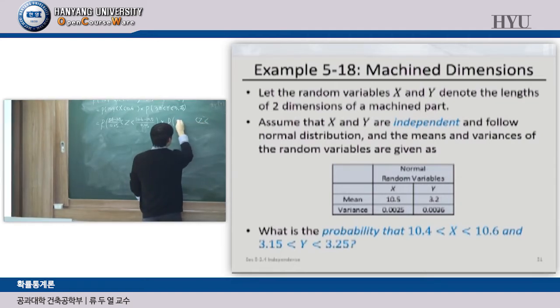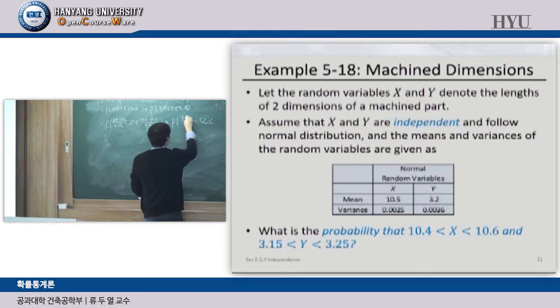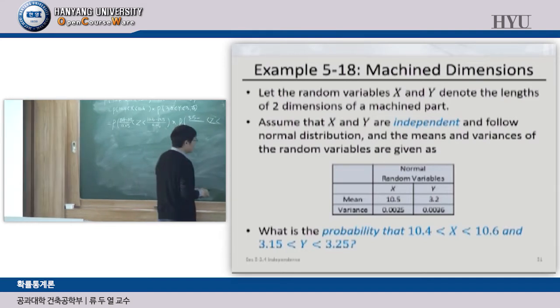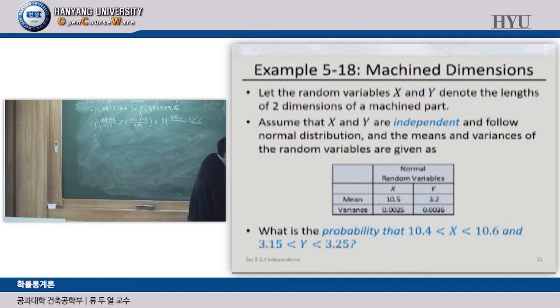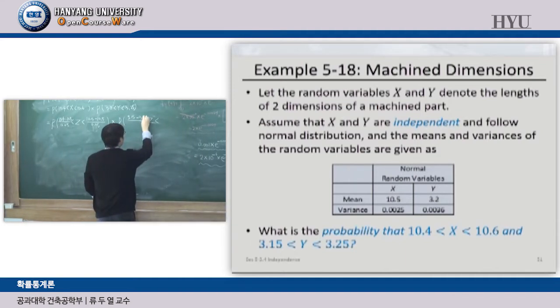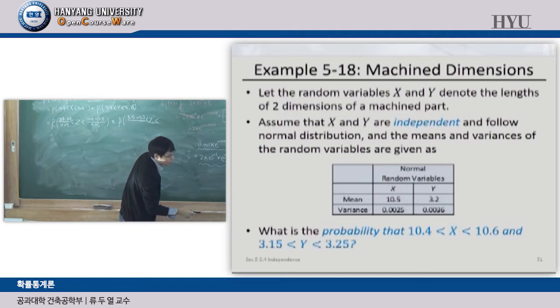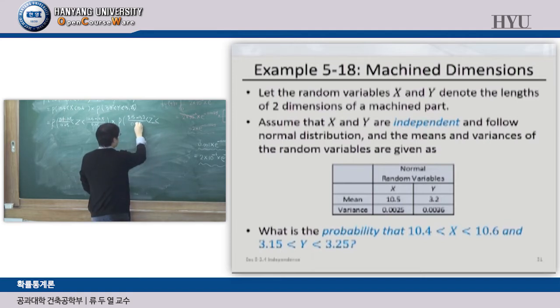Multiplied by the probability of z between 3.15 minus the mean, which is 3.2 here, over the root of 0.0036, that is 0.06, right?